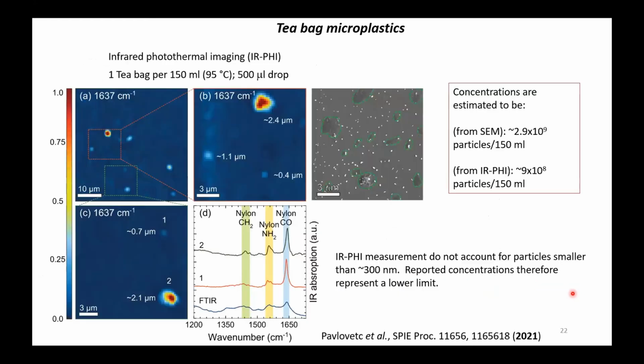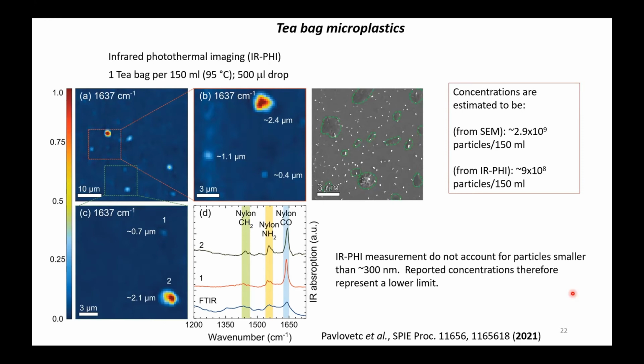But one problem with characterization is how to characterize them in one shot. You want to get your chemical information, you want to get the history of the particles, you want to count them, and basically you need a single measurement to do so.